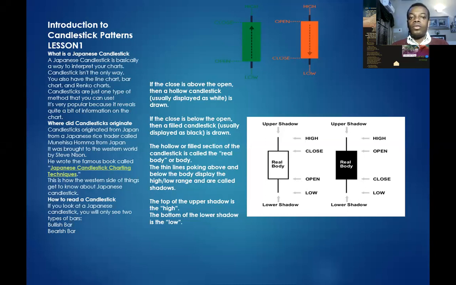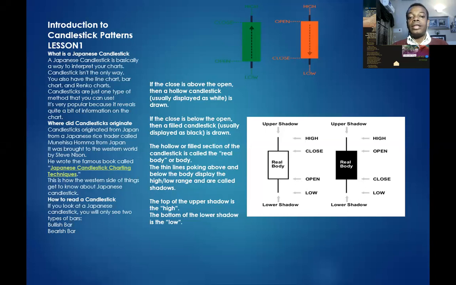Today we'll be discussing candlesticks: an introduction to candlesticks and the different candlestick patterns. Candlestick originated from Japan, and it was created by a man called Munehisa Homma.